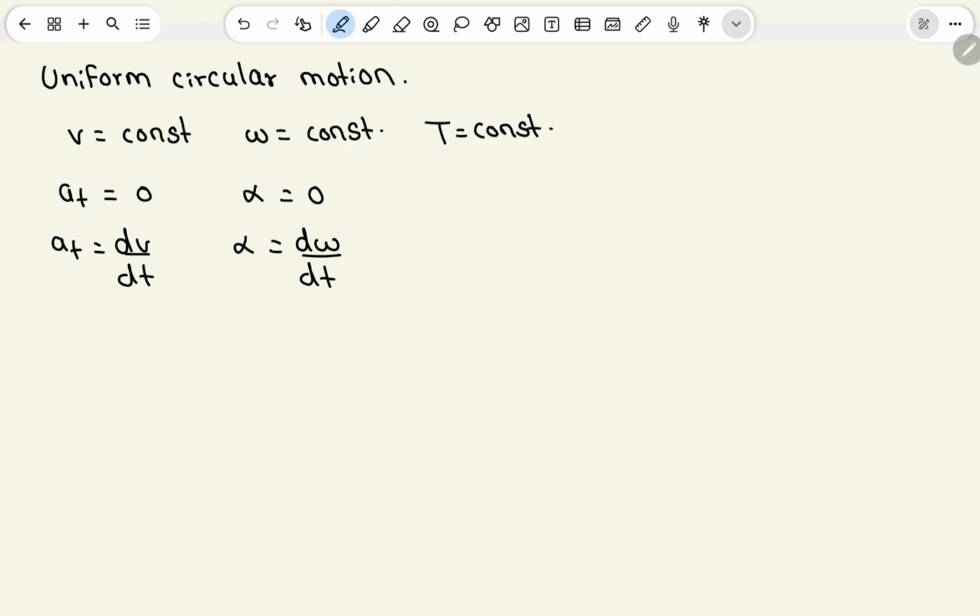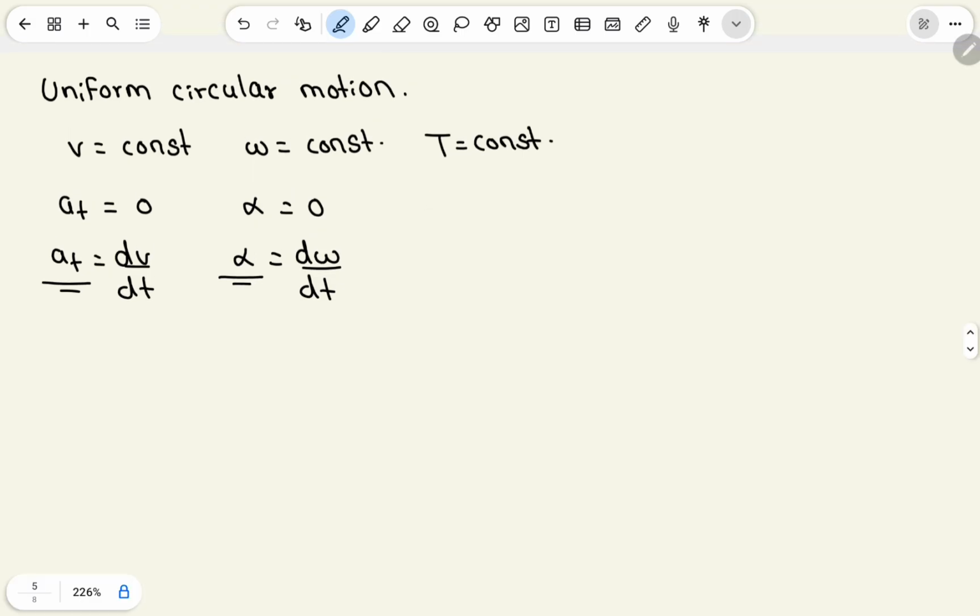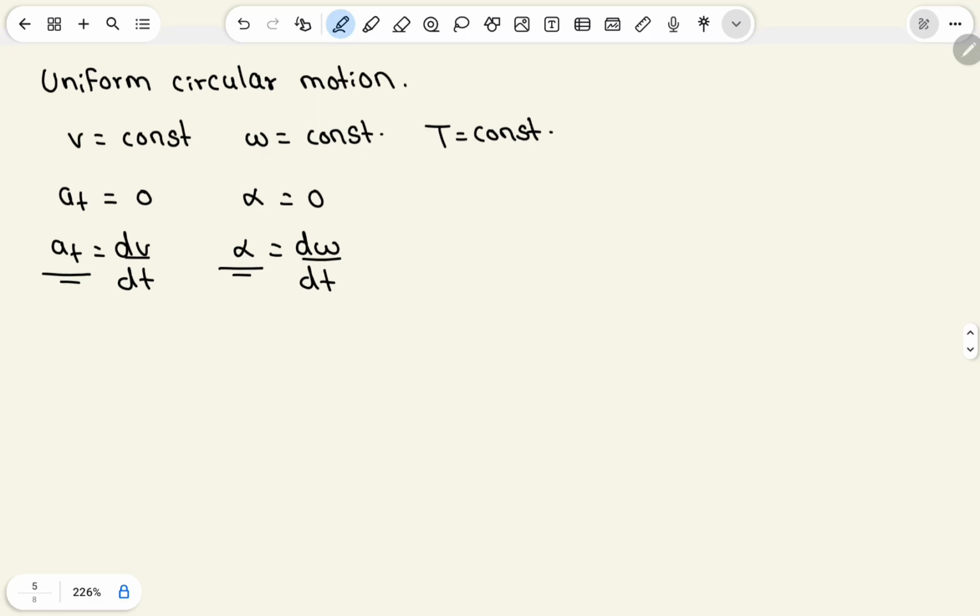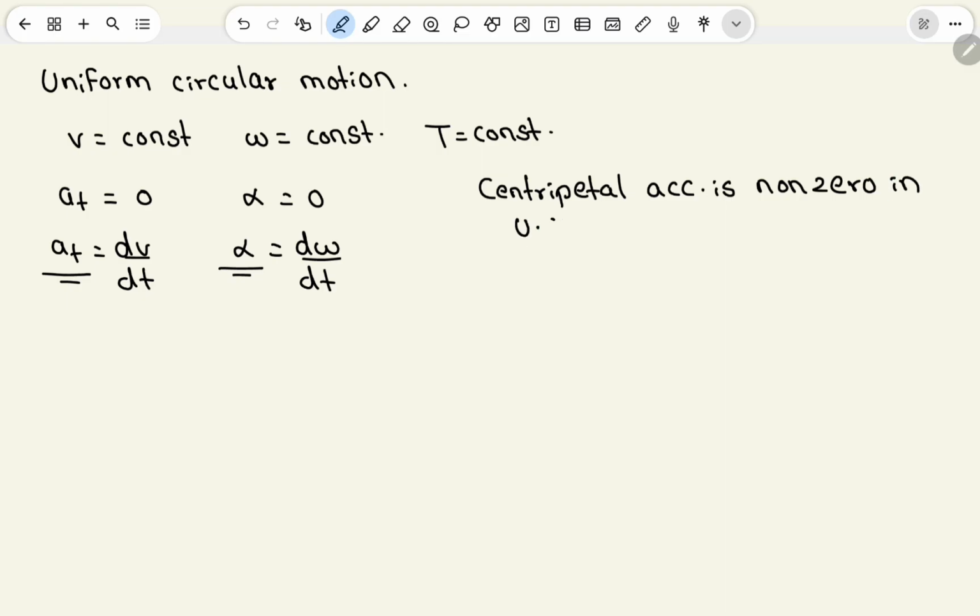Now, as we can see, tangential acceleration and angular acceleration both are coming out to be 0. But there is one non-zero acceleration, and that is nothing but centripetal acceleration. That centripetal acceleration is non-zero in uniform circular motion. Now let's see what that centripetal acceleration is. So let's say we have this circular path.